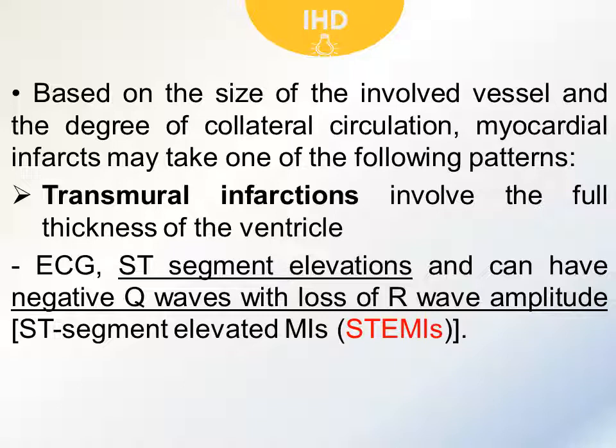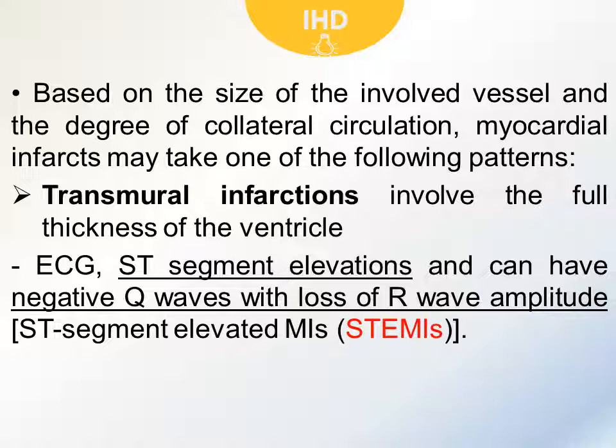First is the transmural infarction, which involves the full thickness of the ventricle and is caused by epicardial vessel occlusion through a combination of chronic atherosclerosis and acute thrombosis. It yields ECG changes such as ST segment elevation and can have negative Q waves with loss of the R wave amplitude.